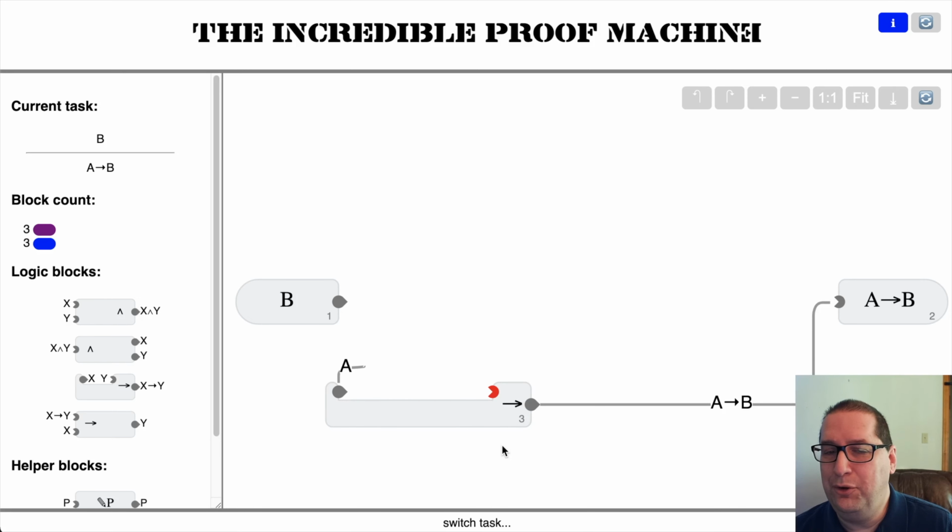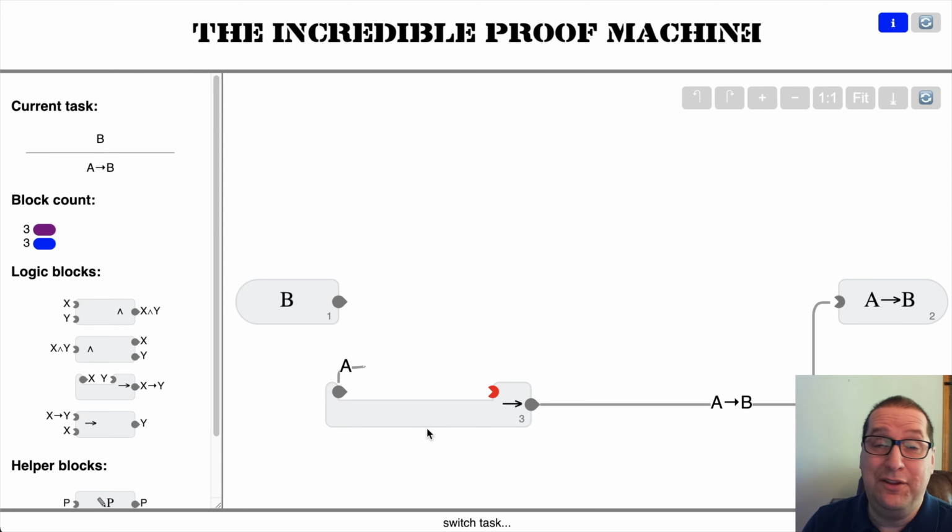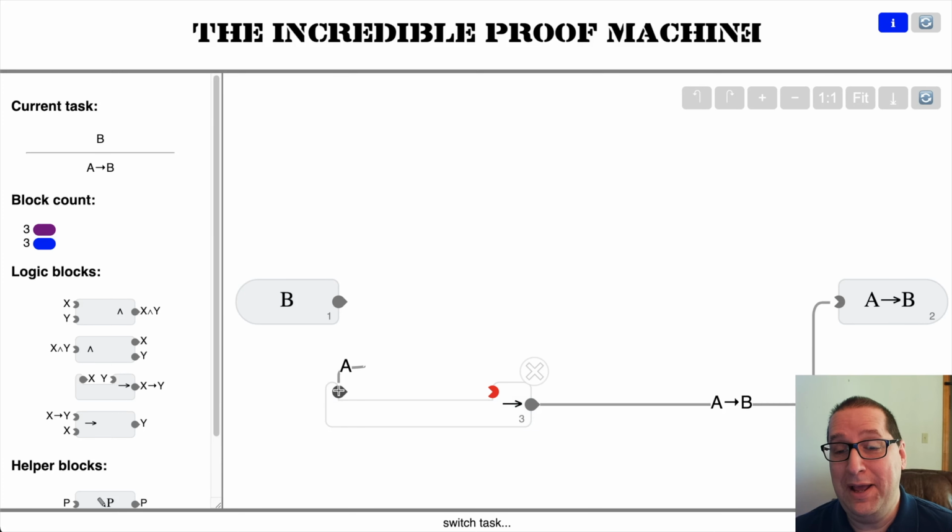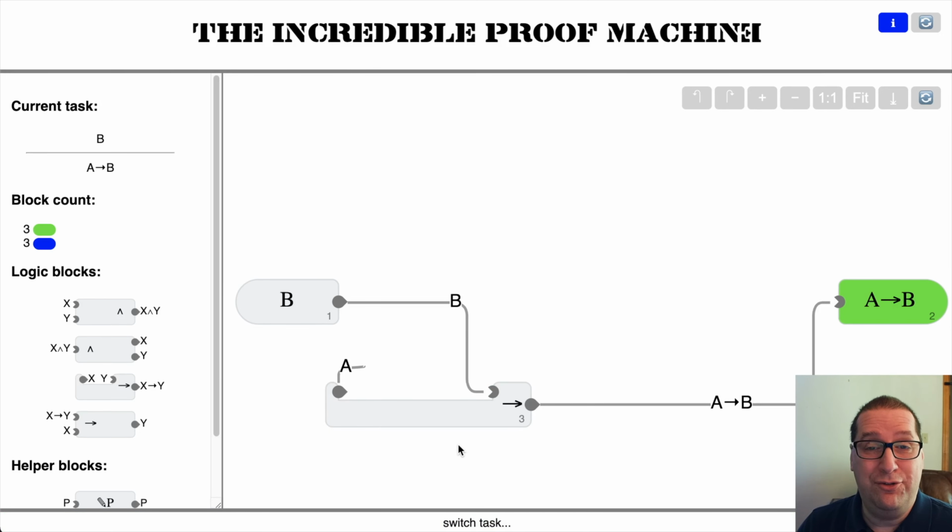I've had this rule explained to me many times, and I think it's very sus. Obviously, mathematicians are much smarter than me, so I guess I have to believe them, but this one is not intuitive to me. So I can assume A, and I'm trying to prove A implies B, and I've been given B, and I could just plug B into our implication introduction rule.